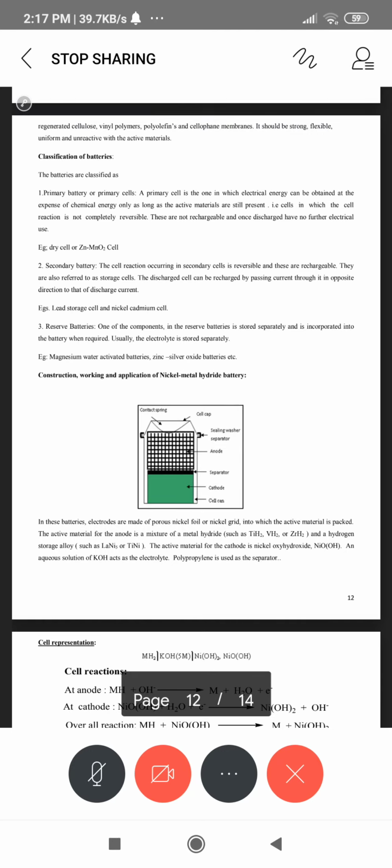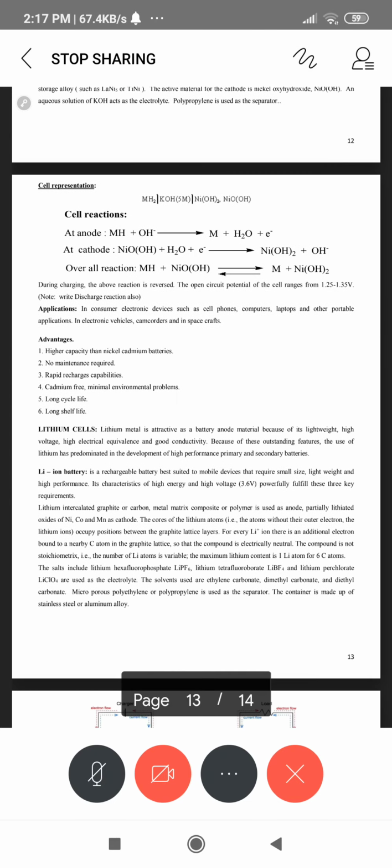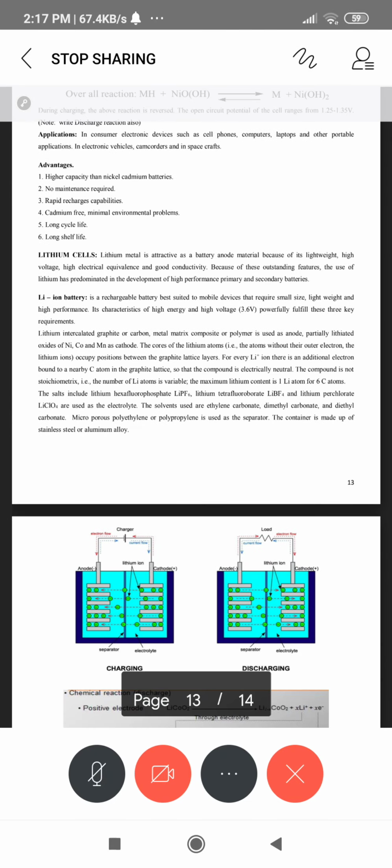In this lithium ion battery diagram, you can see one is at the time of oxidation, that is discharging, and another is at the time of recharging. Both the lithium ion cell electrodes are made out of lithium only.